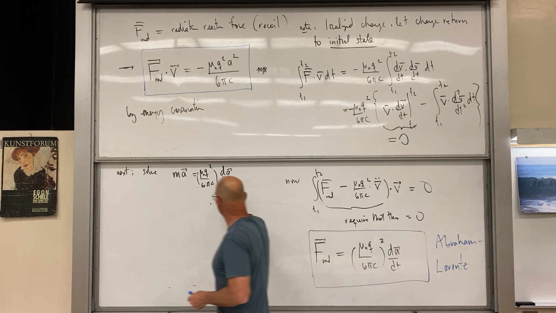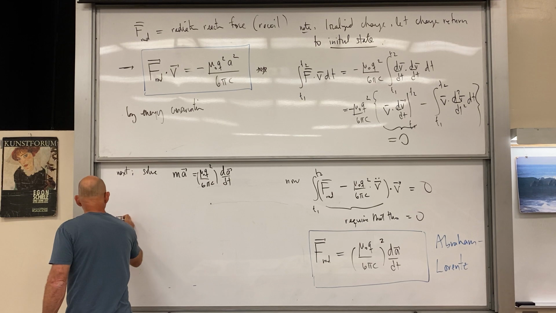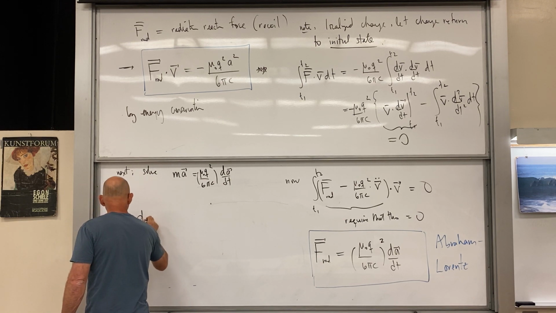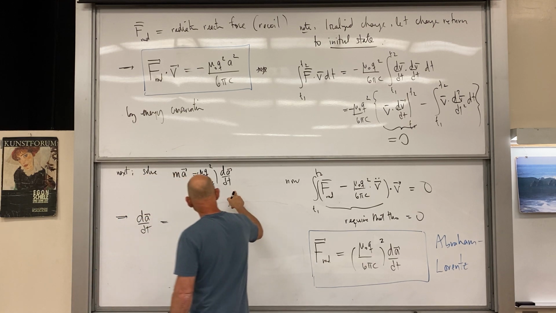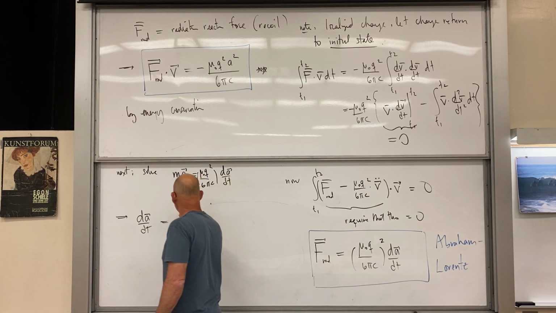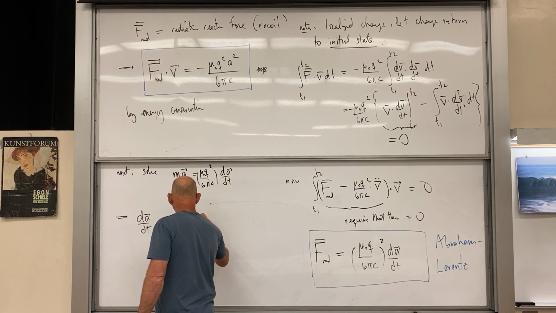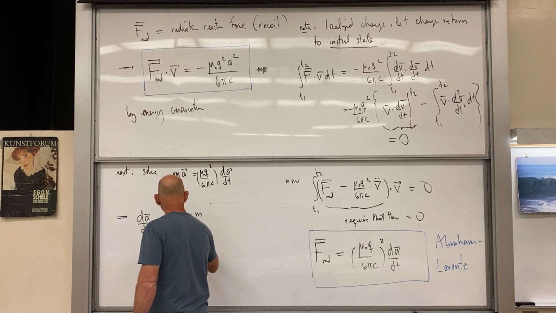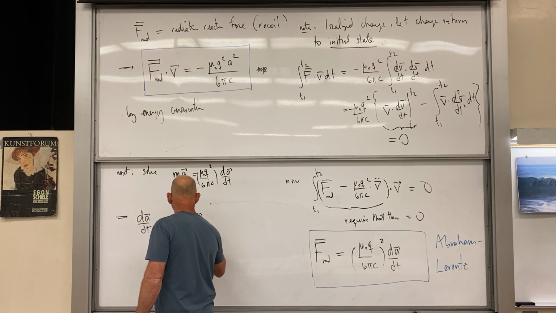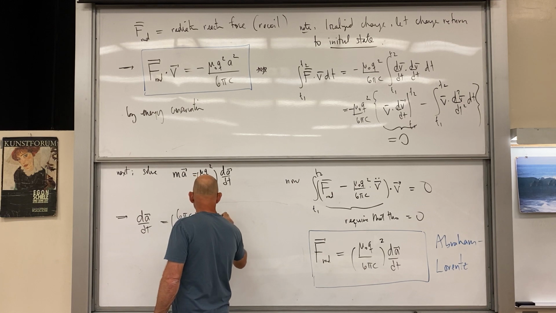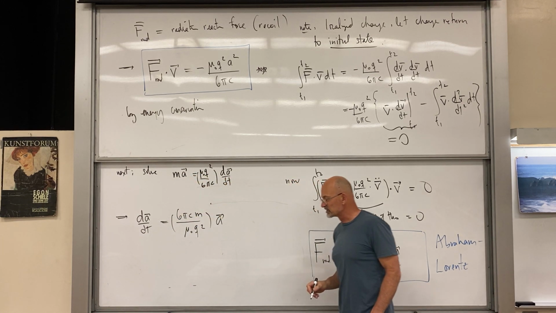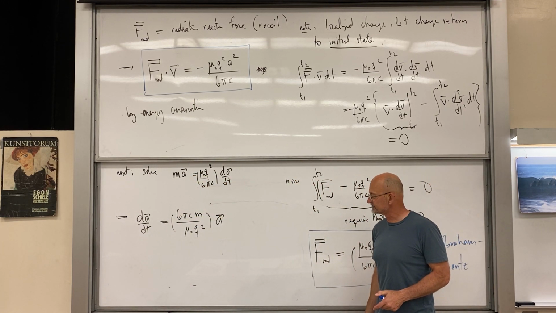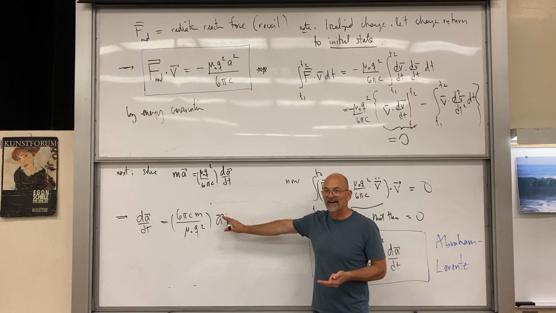So what we're doing is solving, because of course the highest derivative is on the left side here. So dA dt is equal to 6 pi c m divided by mu naught q squared times a. We'll just take it in one dimension, and we immediately have an exponential.